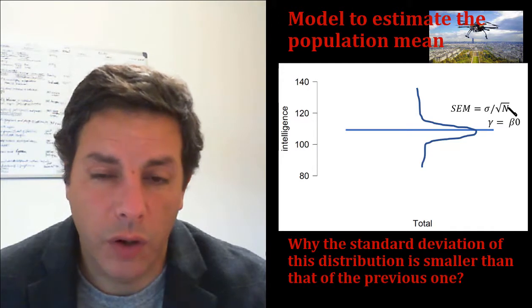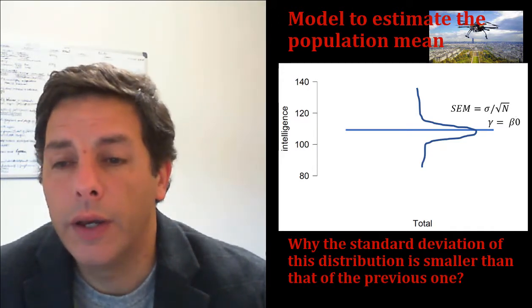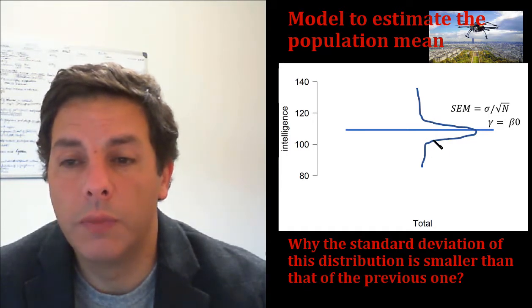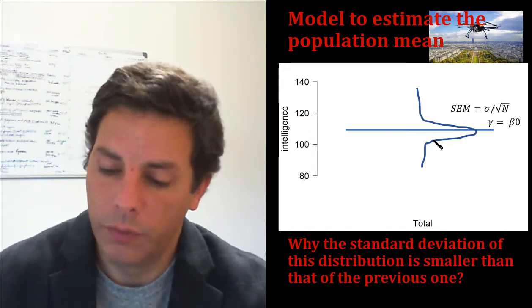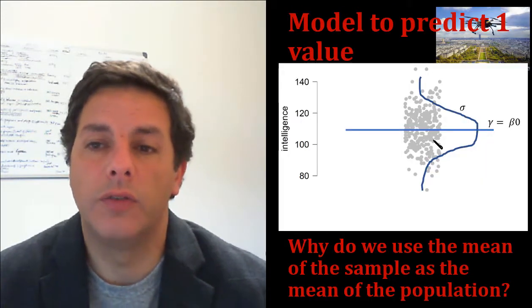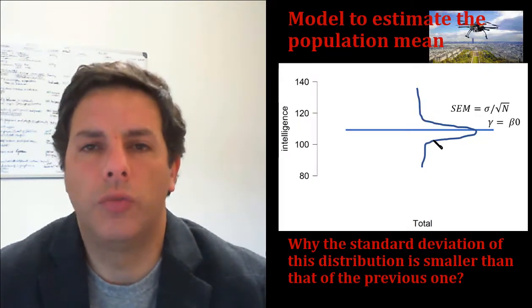If our sample is 300 observations, then n is 300. Okay, so then we have a distribution that is much narrower than the one of the population. If you see this one, you can see that it's more spread than this distribution.